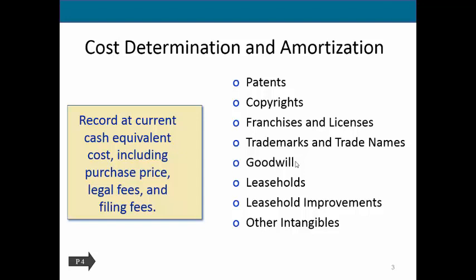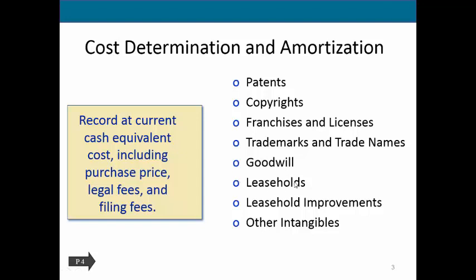So when you hurt the value of that name, we would then need to test our goodwill for impairment, meaning has the good name or that good value been impaired? And in that case, if we determine that it was impaired, we would need to show a loss to that specific asset. Again, what we're talking about here with impairment and goodwill is beyond the scope of this class, but I oftentimes have people in the class asking about goodwill and trying to get a better understanding of what's going on there, but that's basically the idea.